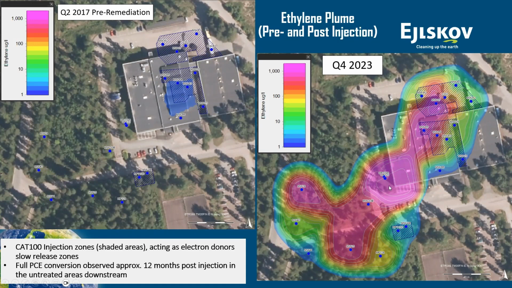Thanks to the presence of naturally occurring bacteria that were luckily available at the site, we were able to degrade PCE naturally from very high concentration. At the site boundary, we had approximately 100,000 microgram per liter, to now less than a few hundred micrograms per liter within a short period of time.